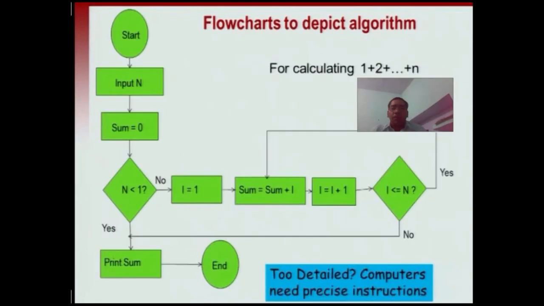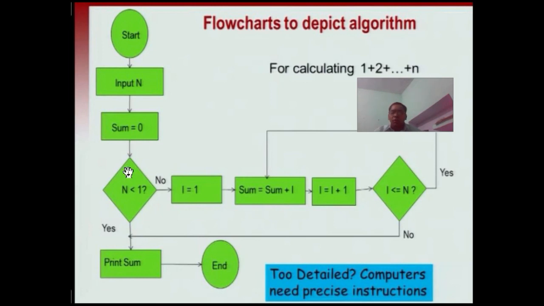Flowcharts to depict an algorithm. Let us look at a flowchart depicting a mathematical algorithm, and we will use this flowchart to explain certain conventions about how algorithms can be described. Every flowchart will have a start and an end, and it will have a finite number of boxes.